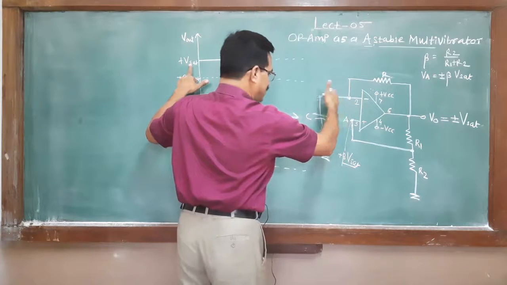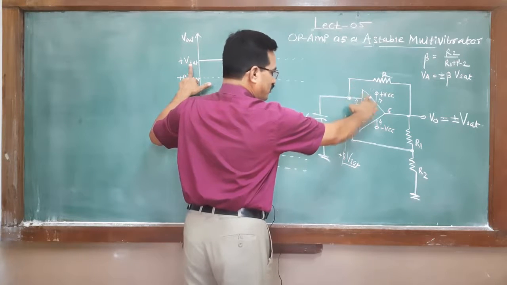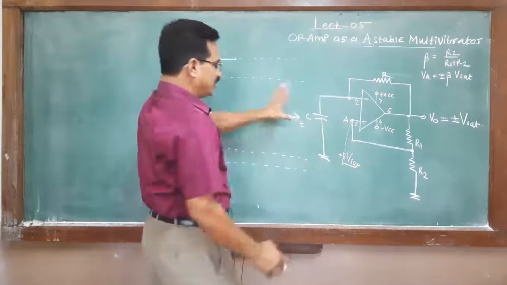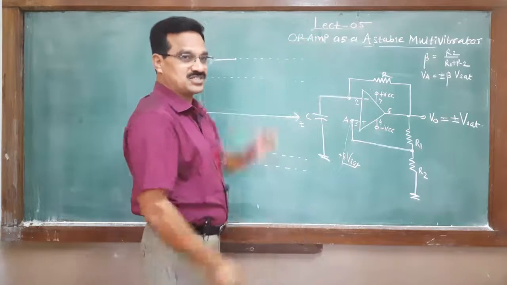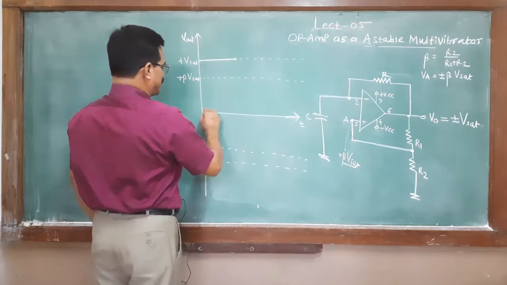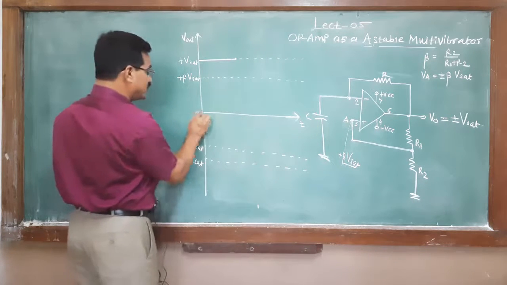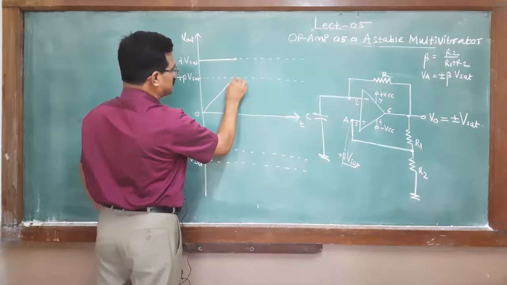This capacitor starts to charge. Input impedance is very high, that's why current cannot flow from terminal 2 to terminal 3, and the capacitor starts to charge. When the capacitor starts to charge, voltage across the capacitor increases. Initially the voltage across the capacitor is 0, that's why it starts to increase.